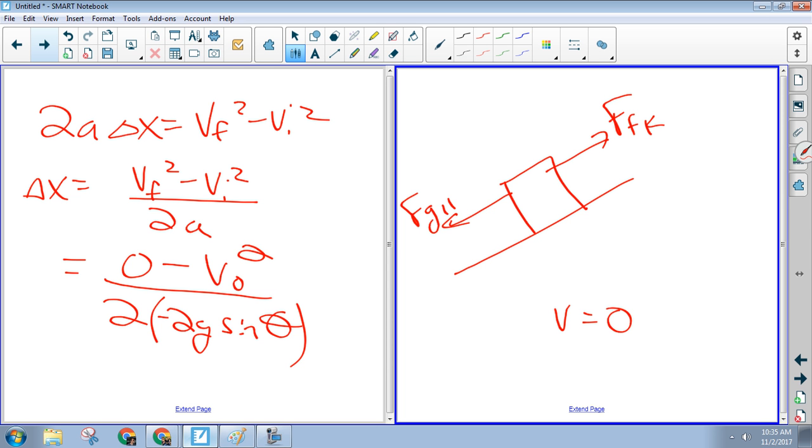How does static friction compare with kinetic friction? It has the capability to have more static friction than kinetic, right? Your Fs max is at least as big as your Fk. So if kinetic friction can make the net force 0, then absolutely static friction can do the same thing. So it will not slide back down the ramp. That is important.